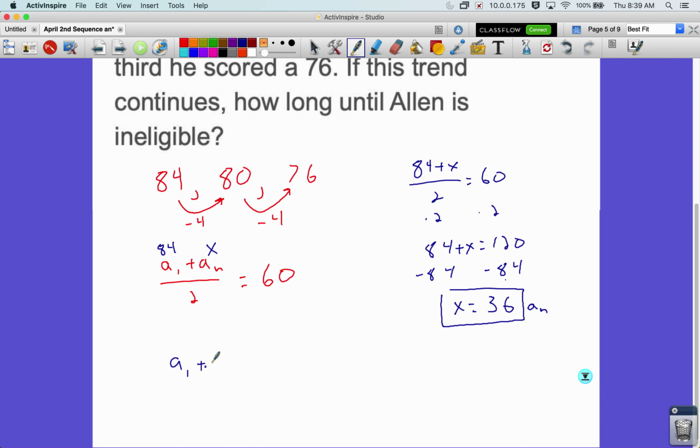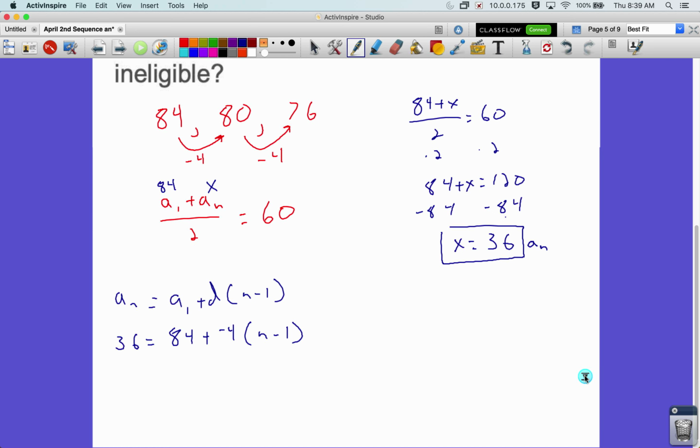So A sub 1 plus d times n minus 1 equals A sub n. So 36 equals 84 plus our common difference of negative 4 times n minus 1. And now let's just solve for n. So I'll subtract 84 from both sides. 36 minus 84 equals negative 48.